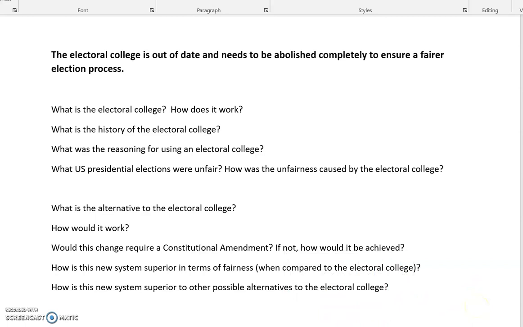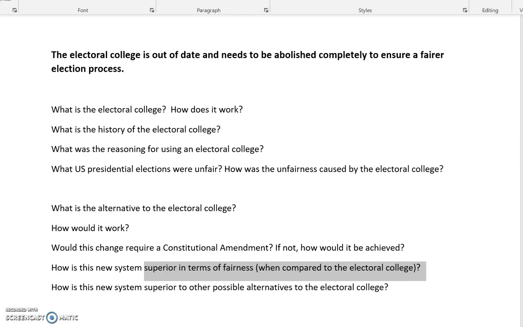And so, at least here in the question of fairness, you're going to need to say, so let's imagine a scenario where a presidential candidate is very, very popular in the states of New York, Pennsylvania, Illinois, and California, right? And those states tend to vote for the same candidate, the Democratic candidate.